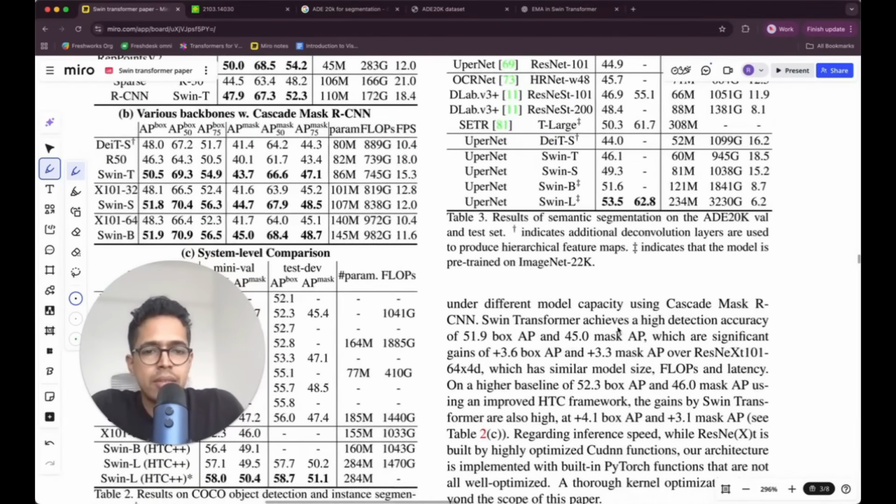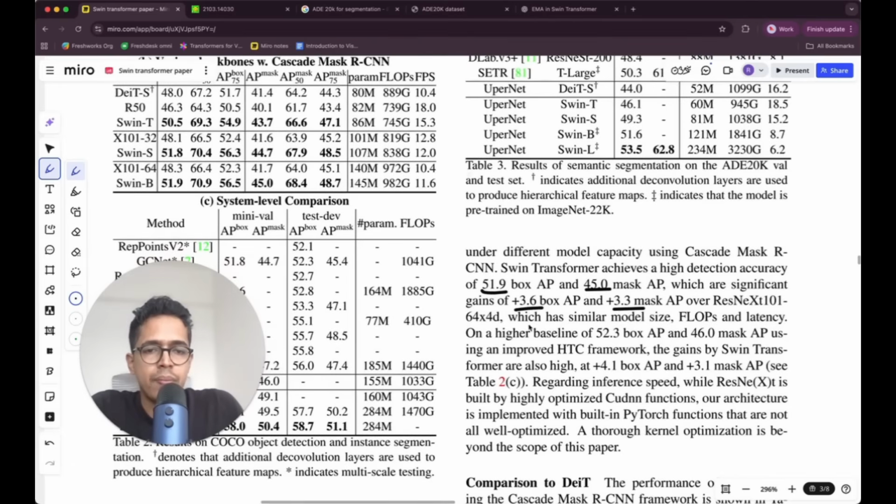Swin Transformer achieves higher detection accuracy of 51.9 box average precision and 45 mask average precision, which are significant gains of plus 3.6 and plus 3.3 respectively over ResNeXt. So ResNeXt as a model has higher flops, floating point operations, and higher latency.